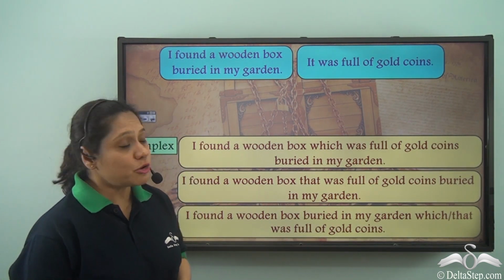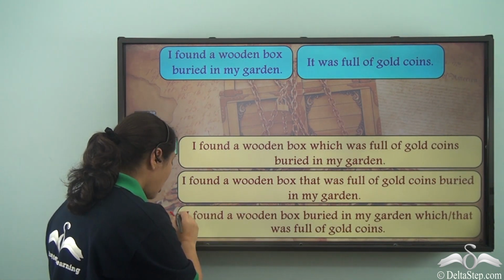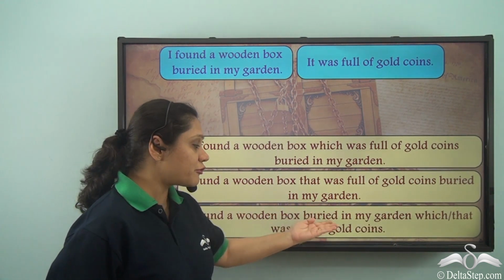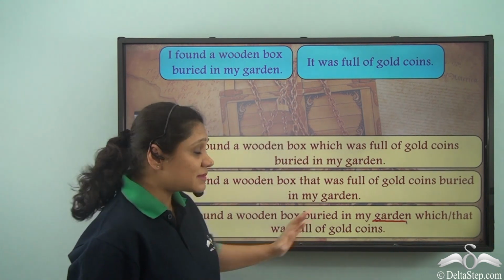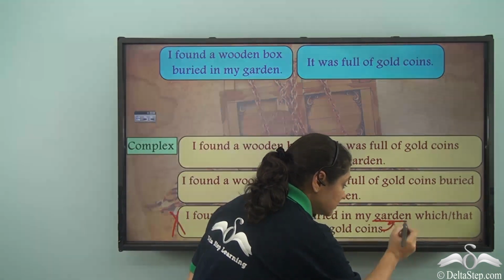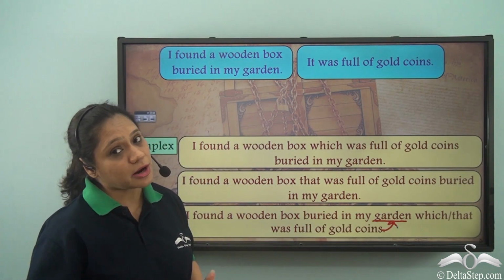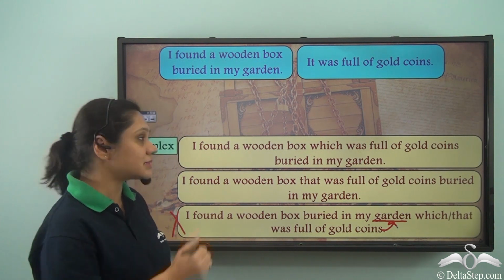No. If you write this sentence, it will not be correct, because when you say which or that was full of gold coins after garden, then this part refers to the garden. So, here the meaning of the sentence changes and does not remain the same. So, this sentence is not a correct sentence.